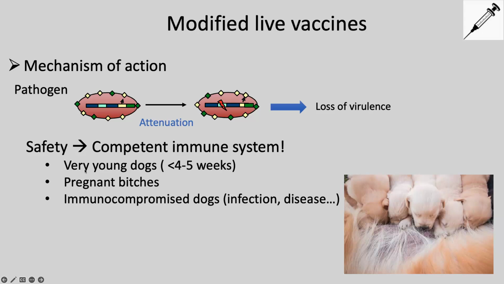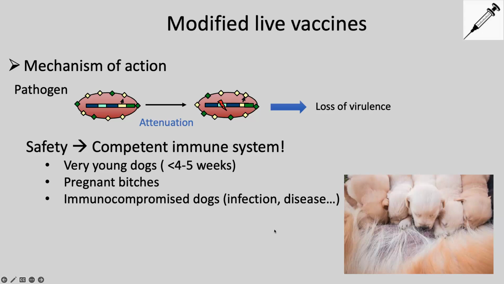We avoid vaccinating very young dogs before 4 to 5 weeks of age. We avoid vaccinating pregnant bitches, and we don't vaccinate immunocompromised dogs, because they are infected by immunosuppressive agents or because of different diseases. It's something very important.